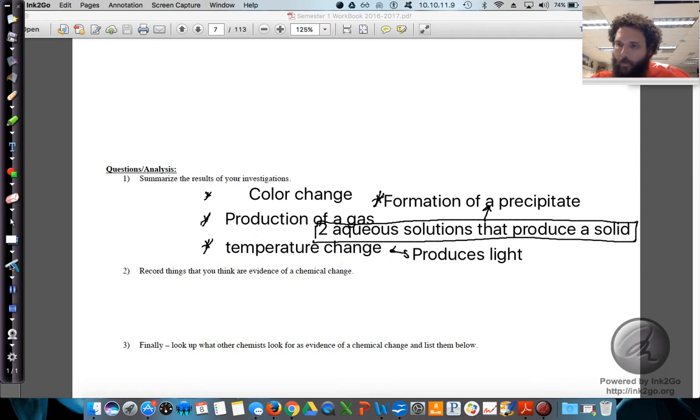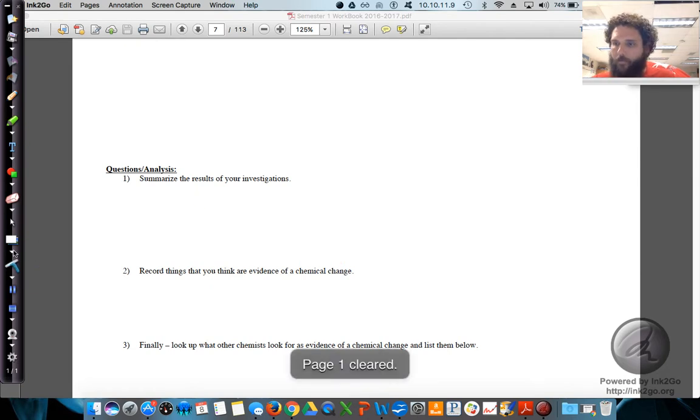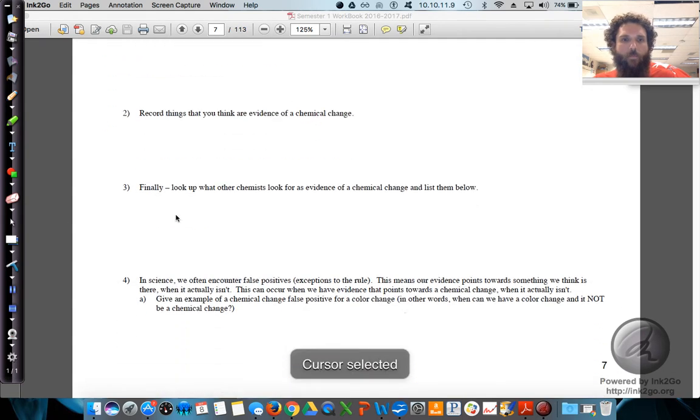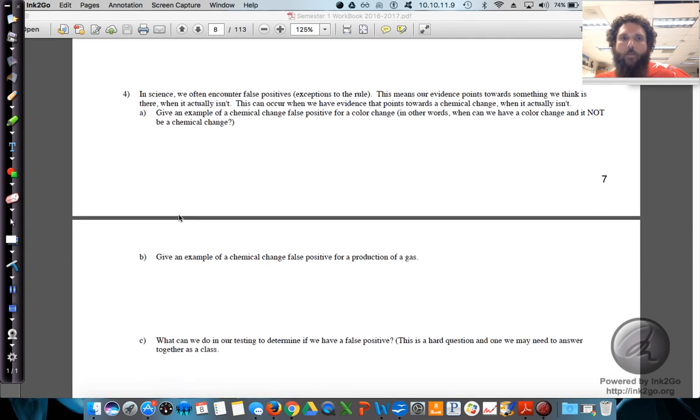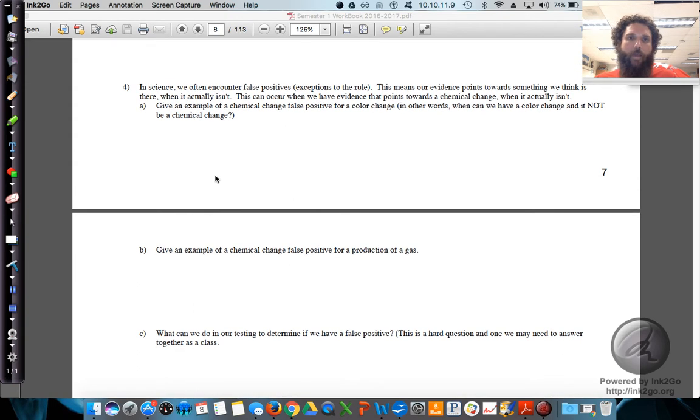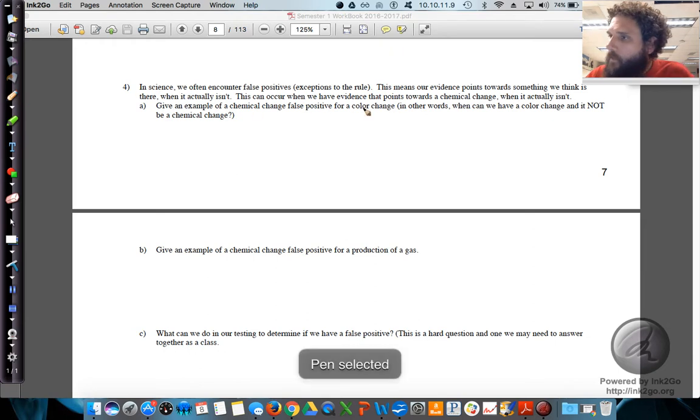All right, let's wipe this and scroll down. So here are those false positives that I talked about. We have a false positive with a color change. All right, that was the afternoon bell, so you're probably going to get some noise from the outside, but we'll just work through it.